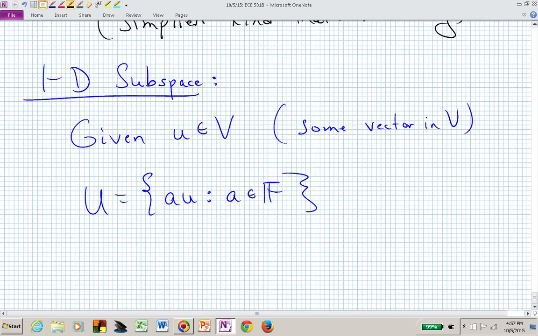So now we have some generic vector space V. We've now built up a one-dimensional subspace, capital U, where that one-dimensional subspace is essentially just a scaled version of this vector little u. All scalar multiples of little u.